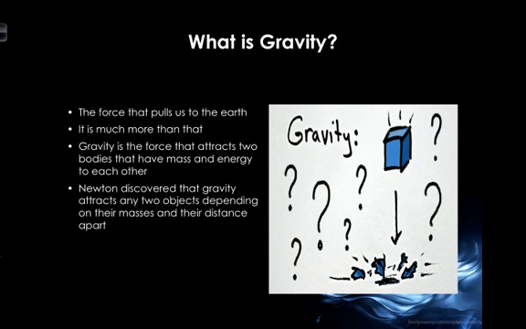So it's not just what pulls things down. It is the attraction that two objects feel in each other. If you have Earth and a falling object, the two objects are Earth and that falling object. So it is what pulls us down, but it's a little bit more than that.